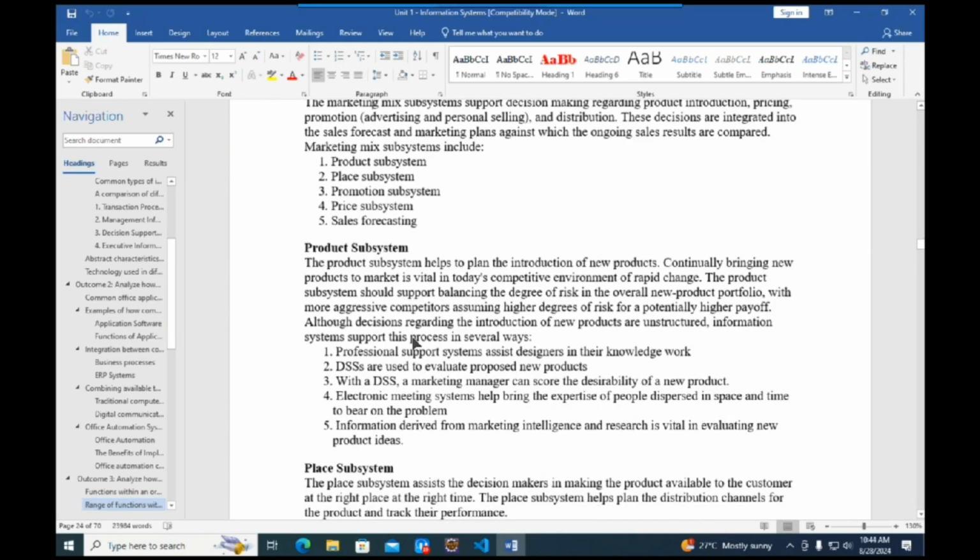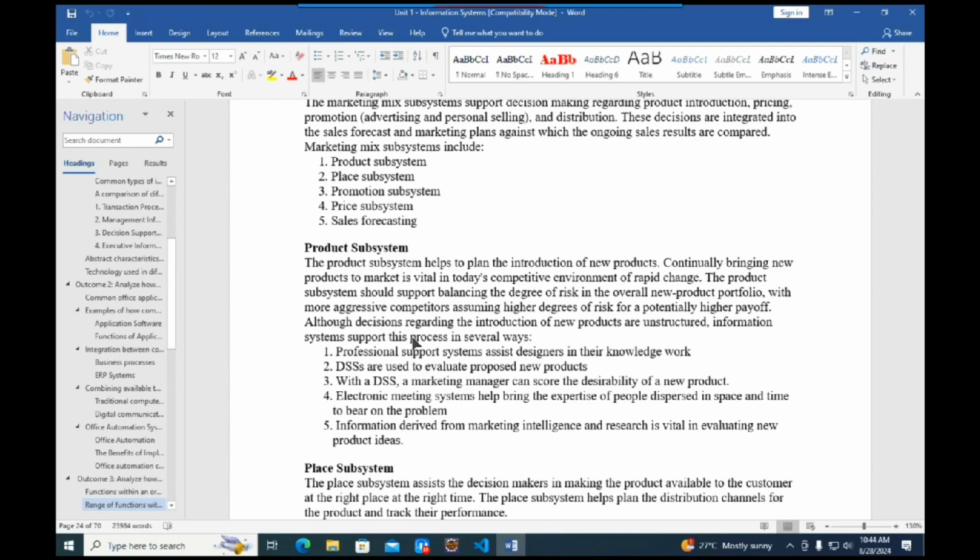So when you look at the product subsystem, it is a system that will help us to introduce new products. It is very important to continually bring new products into the market based on what the customers require, for the company to stand higher when it comes to competition.